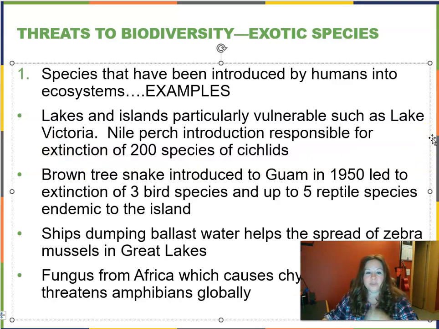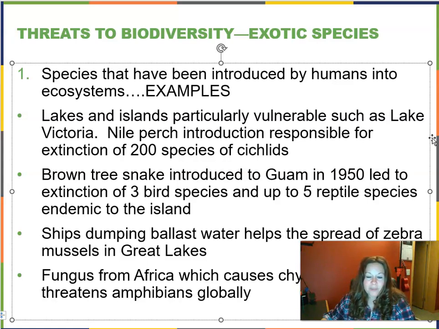Again, I just showed you the picture of the brown tree snake in Guam in 1950, which led to the extinction of 3 bird species and up to 5 reptile species that were endemic to the island. Closer to home, ships dumping ballast water have helped the spread of zebra mussels in the Great Lakes and beyond.